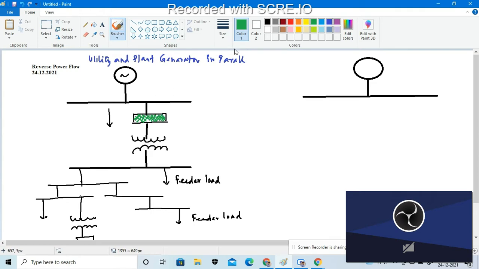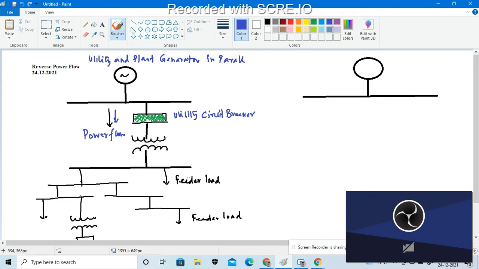Okay, so this is my utility circuit breaker, and the power flows in this direction. In this direction, that is the power that will flow.